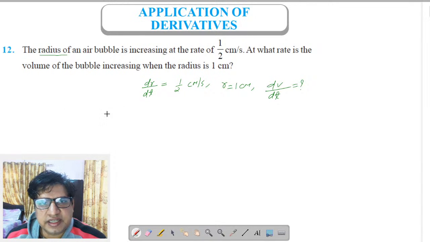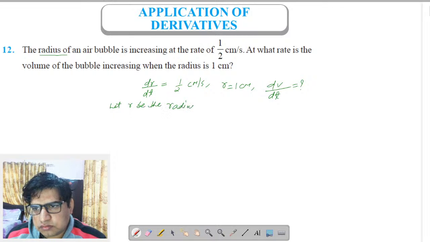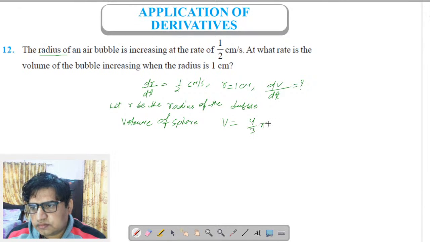Here what we can write is, let r be the radius of the bubble. And the volume of a sphere is, as we know, V is equal to 4/3 pi r cube, okay.